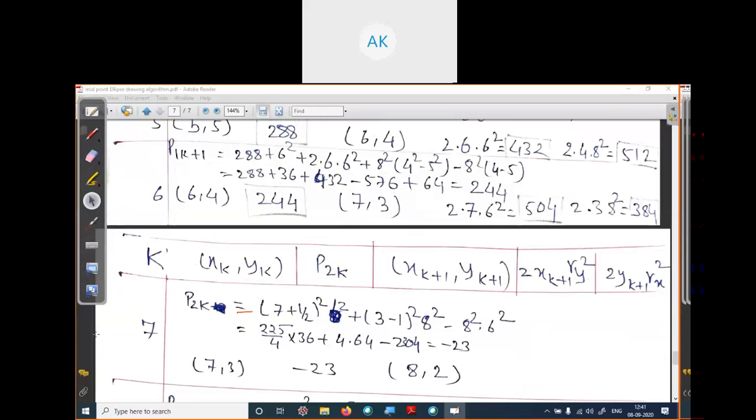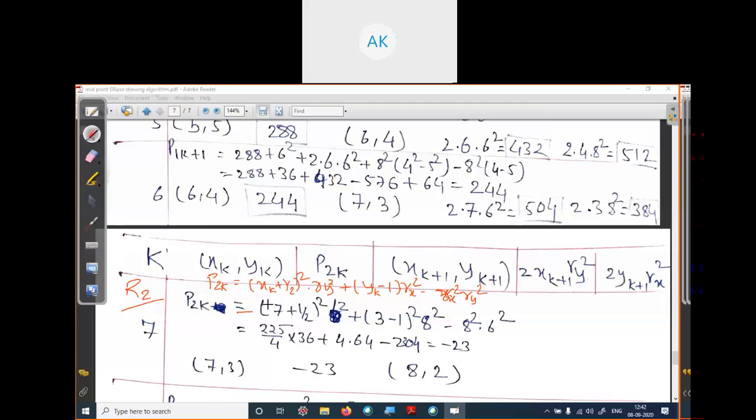So we have entered into region 2. Now we will apply the formula of region 2. Our region 2 initial decision parameter formula is p2k equals (xk plus 1 by 2) whole square into ry square plus (yk minus 1) whole square into rx square minus rx square ry square.